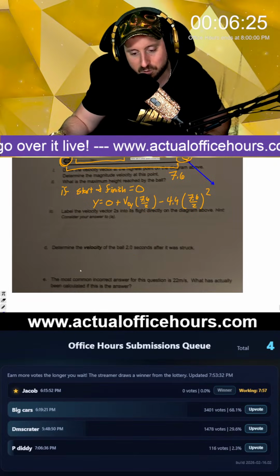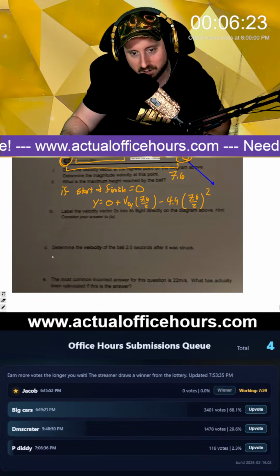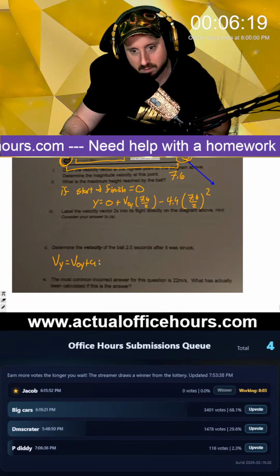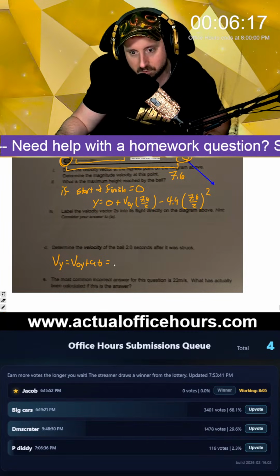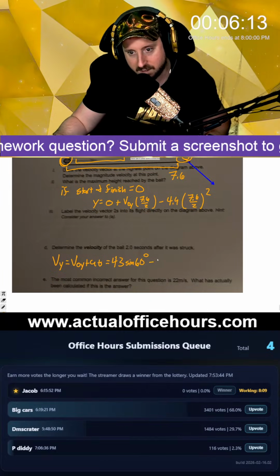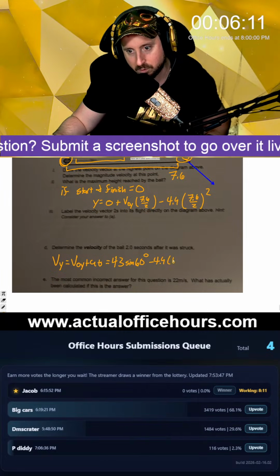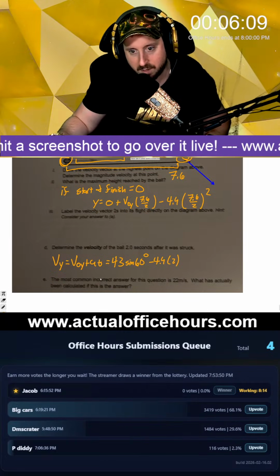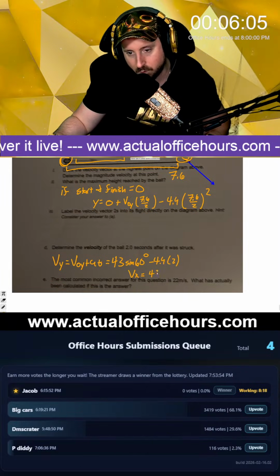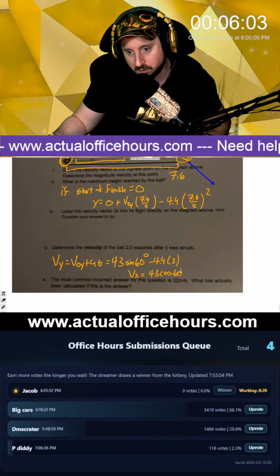The problem is they gave us 2 seconds. Okay, so this is what we have to do. Vy is equal to V0y plus at. So that's going to be 43 sine of 60 degrees minus 4.9 times 2. And then Vx is going to be the same, 43 cosine of 60 degrees.